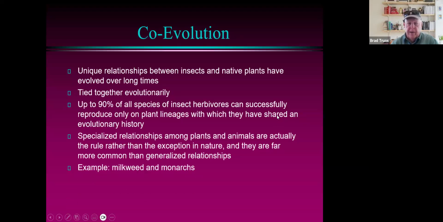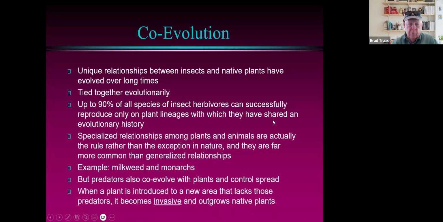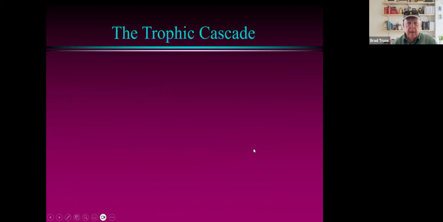One example might be milkweed and monarch butterflies. But predators also co-evolve with plants and control spread. And that's important because if a plant is introduced to a new area that lacks those insect predators, that plant often becomes invasive and will outgrow native plants in the area.